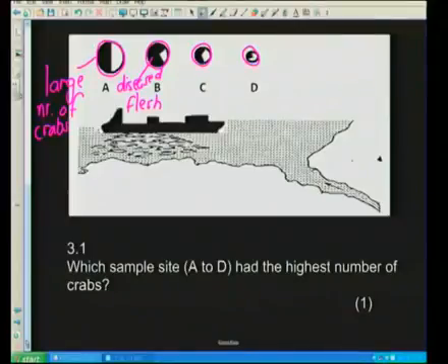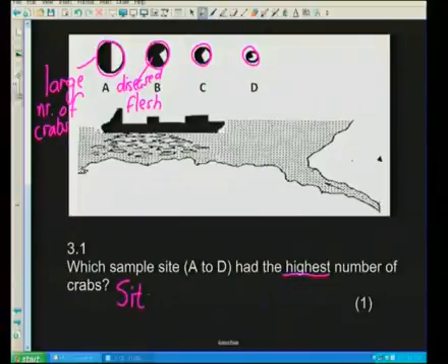Right, now the question says, which sample site, A to D, had the highest number? Yo, this is now easy. I can look at my drawing and you feel good about this because you know the answer, because you worked it out yourself, even before you read the question. And you're going to say, site, yes, site A. That's your answer.